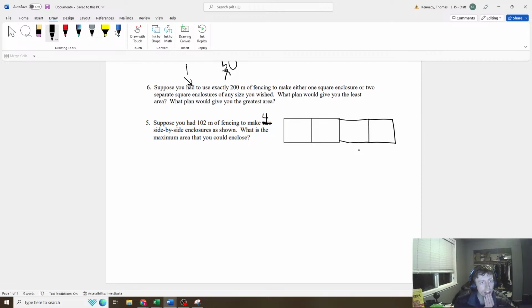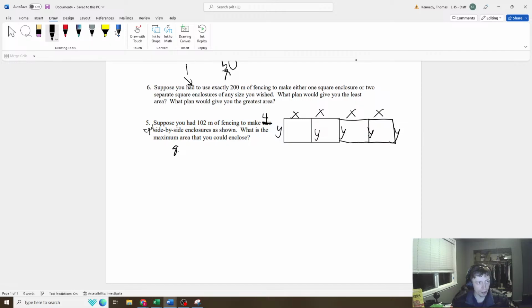So each enclosure is like x by y in dimensions. They are going to be equal. If you don't make them equal, it makes this problem way harder. So each of these are going to be x, and each of these are going to be y. So how many x's do I have? 4 on top, 4 on the bottom.